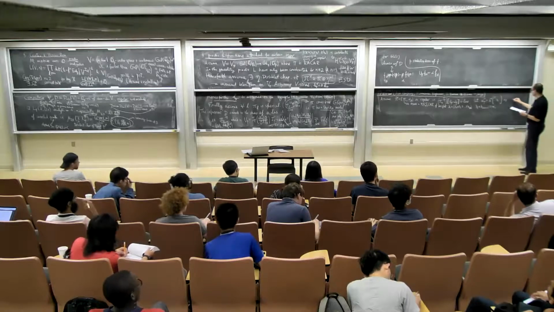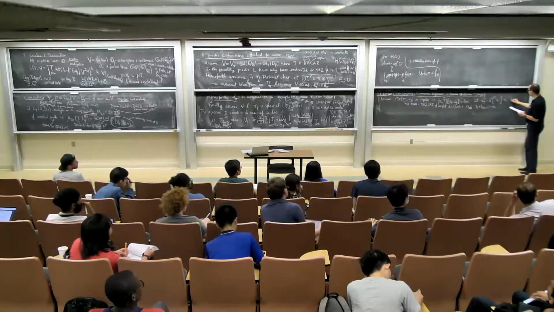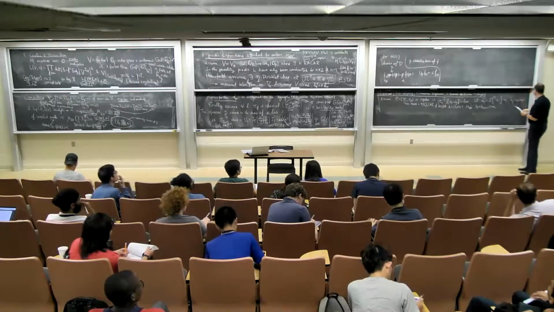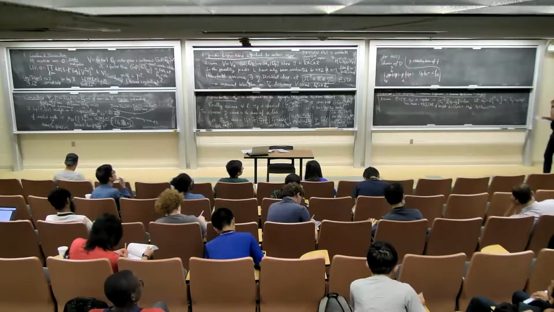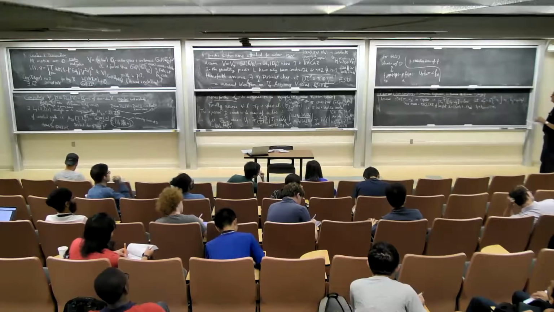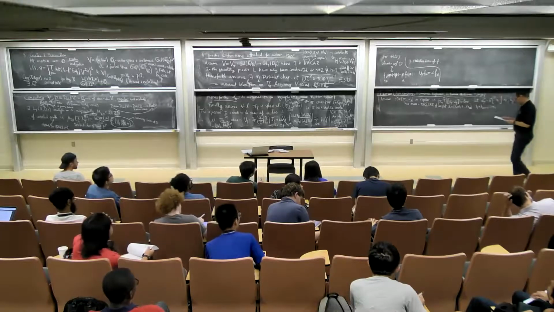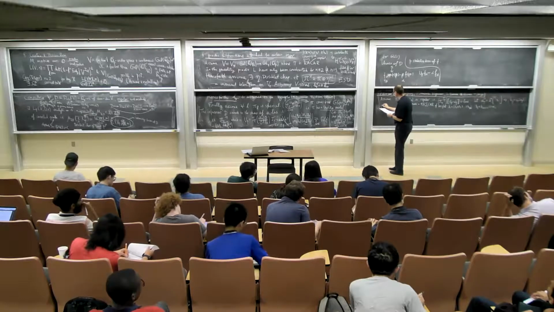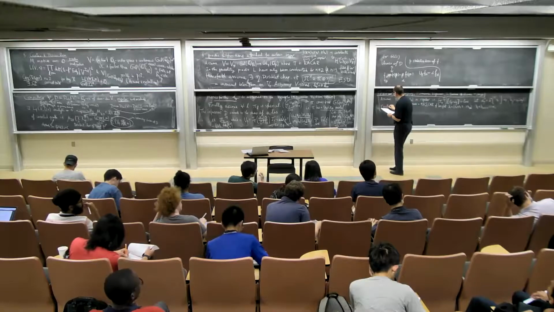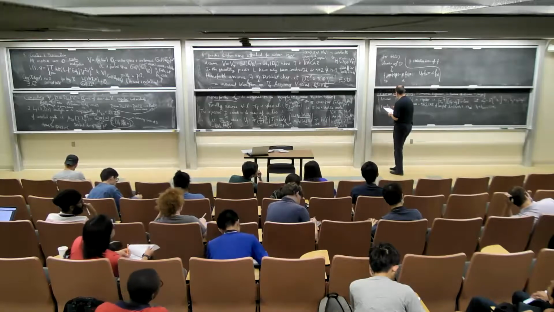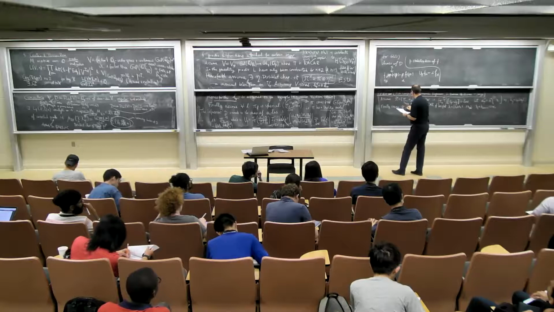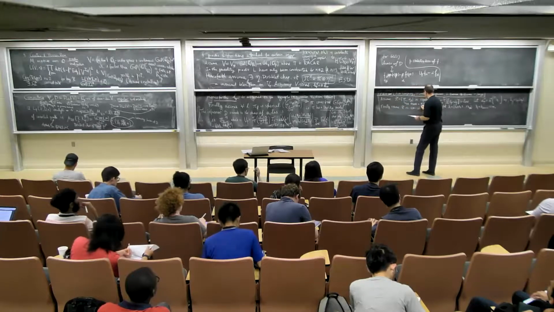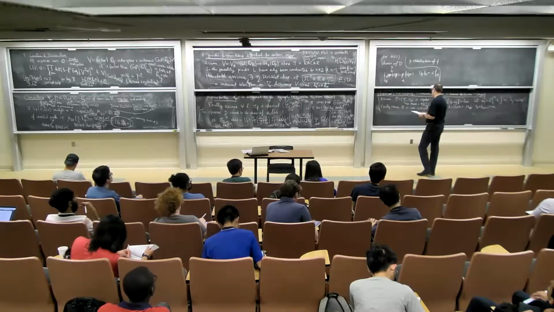And denote hp to be the p-adic valuation of alpha p. Finally, assume that pi tilde is non-critical, and I'll explain this next time.